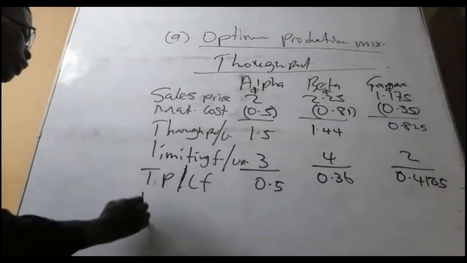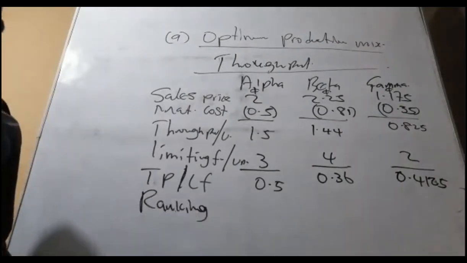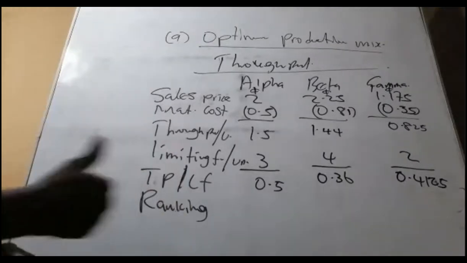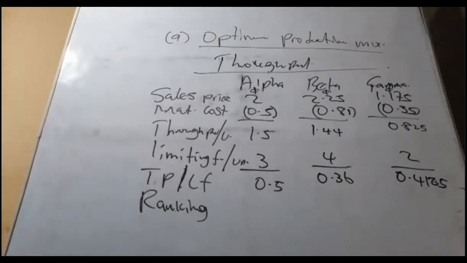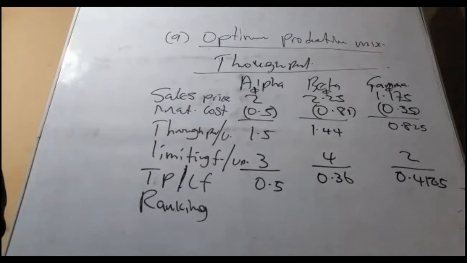So the next step will be ranking, so that we know the one that will give us the highest return and produce in that order. If you know that the time left cannot help you to pass alpha, then you need to attack the weakest one, the one that can give you more pass, like audit reading ones. You don't want to clear that one from the way, at least to give you some vim or some energy. That is it. So ranking.